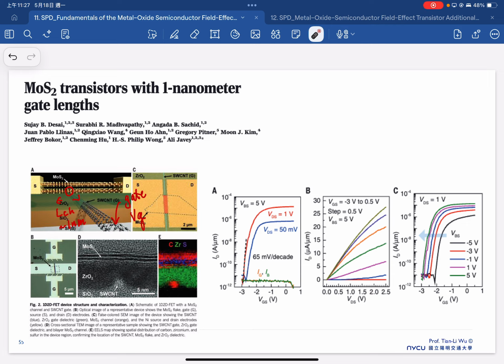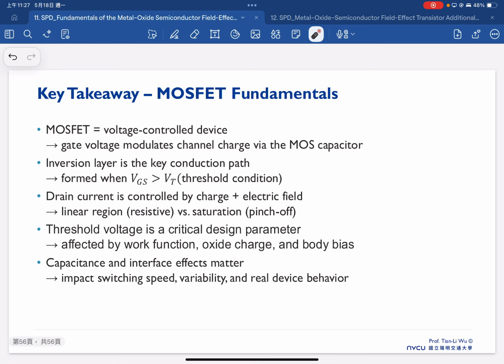Okay, so that's the end of this. The final is the key summary for this chapter. We talked about how the MOSFET is a voltage-controlled device, and we have a gate voltage modulated channel charge, and the inversion layer is the key conduction path, which forms when VG is larger than VT.